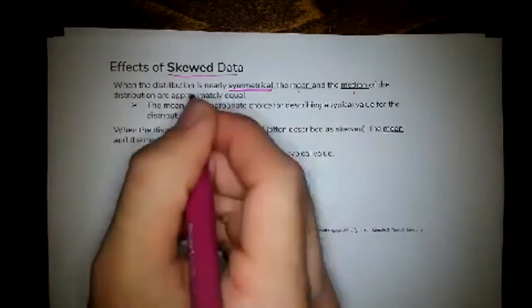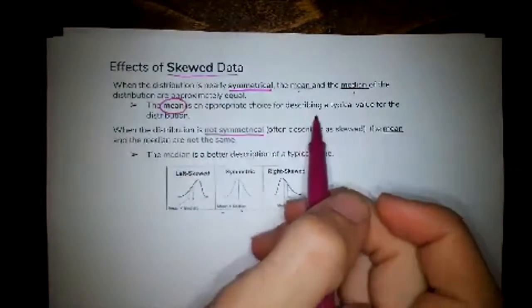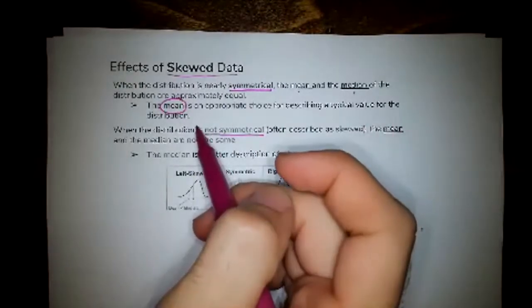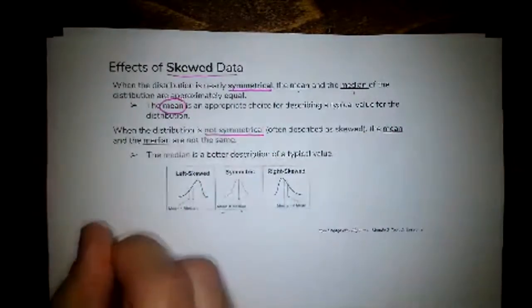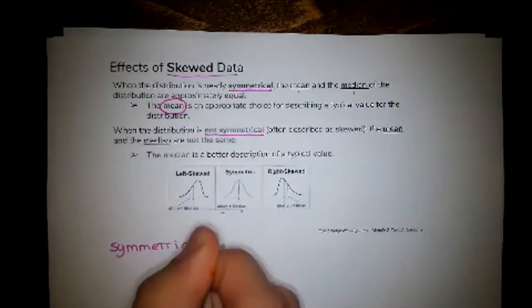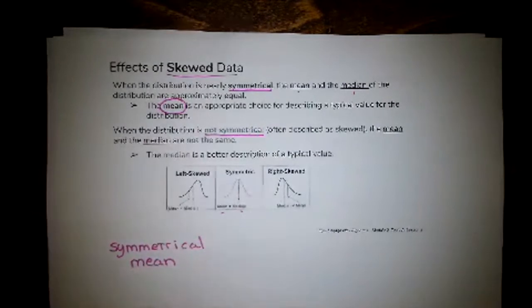When something is symmetrical, the mean is the appropriate choice for describing a typical value for the distribution. So remember this: if it's symmetrical, we're going to use the mean as the typical value.